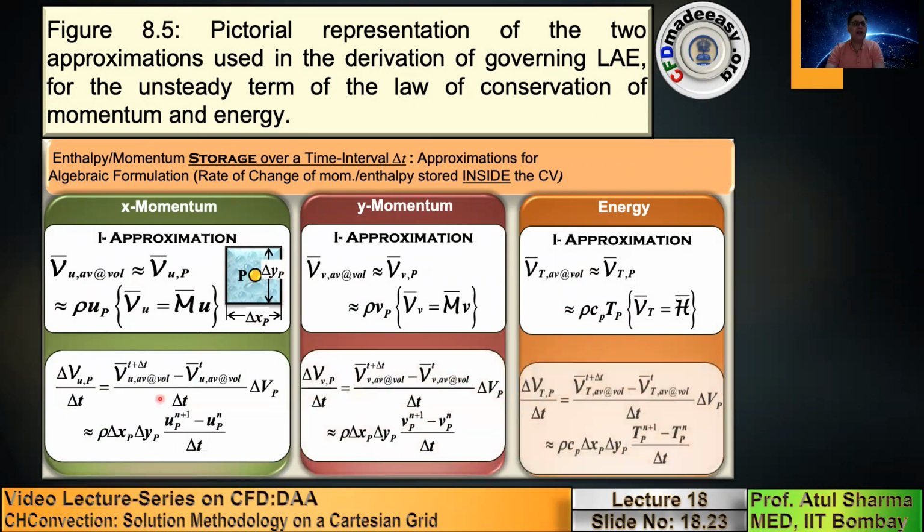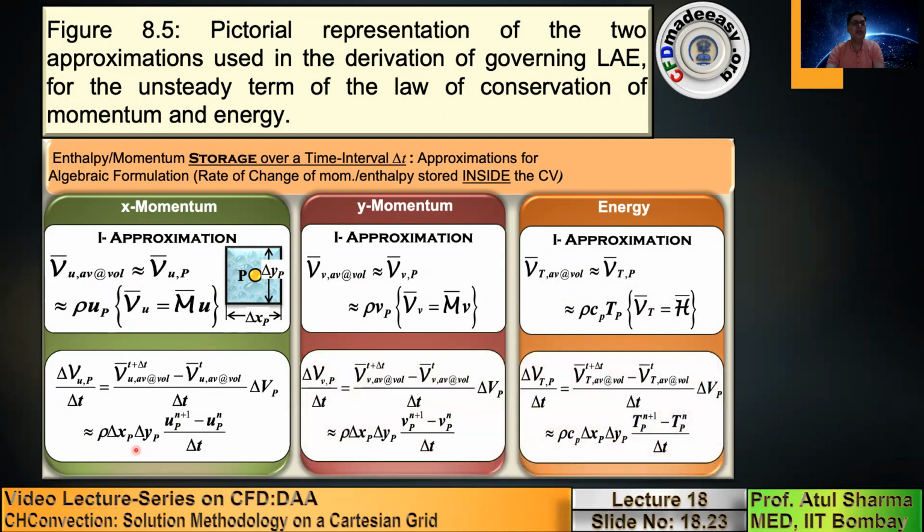From the formulation that was presented, you can express the rate of change of momentum or enthalpy stored inside the control volume by this generalized expression, where this Vu is given by these expressions, and this is the rate of change of x momentum stored inside the control volume.